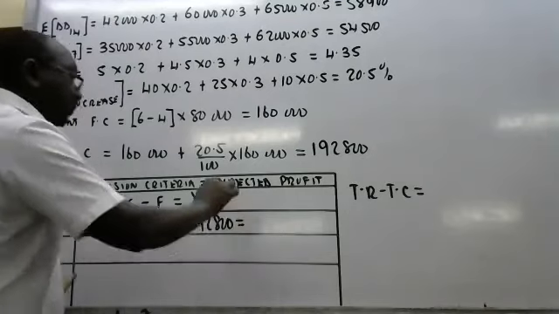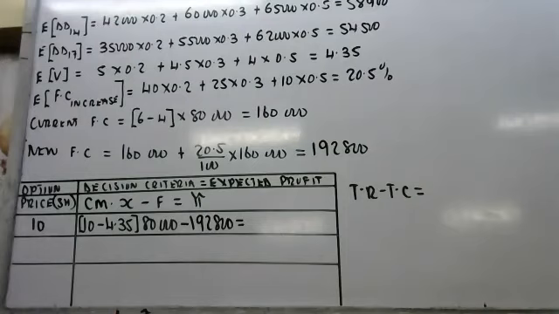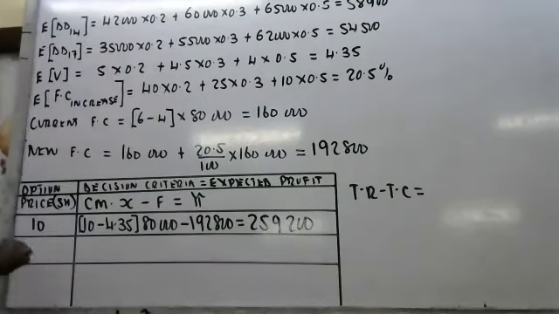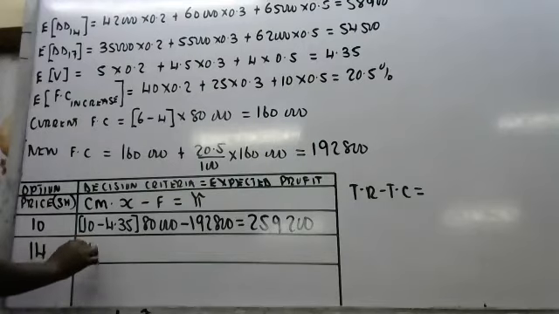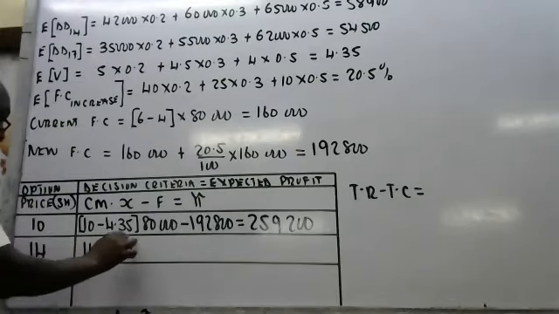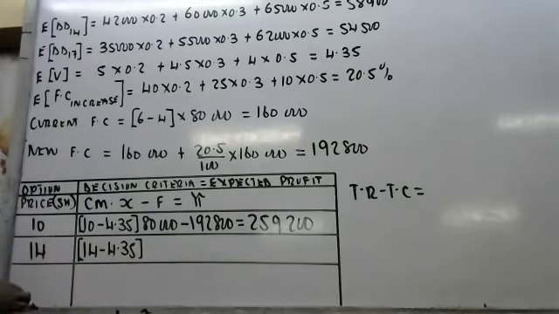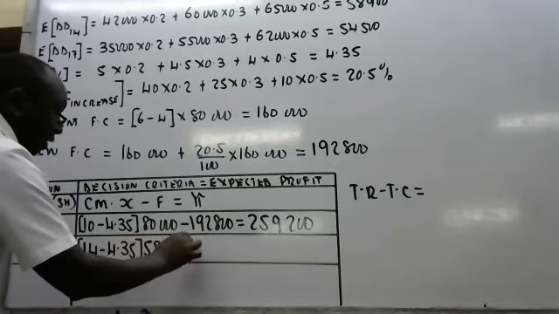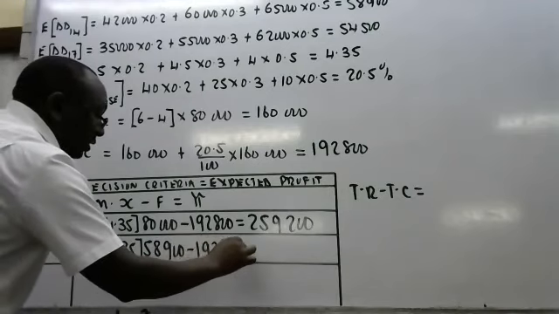192,800. But you could still avoid it. It's irrelevant. $259,200. At a price of 14, we say 14 minus 4.35. The units at 14 we got 58,900. The fixed cost is 192,800.